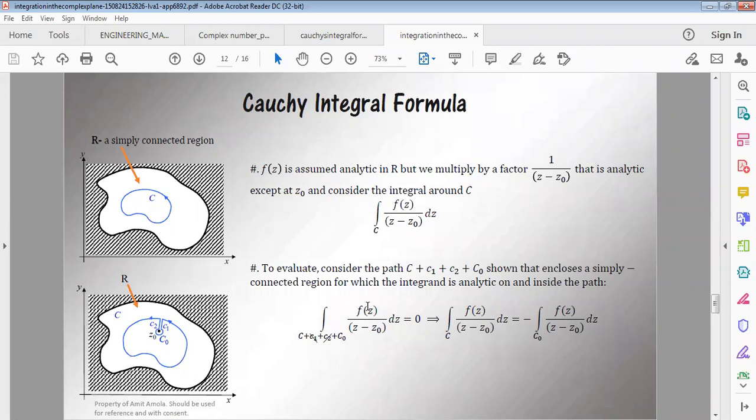We get the integral over C plus C0 of f of z divided by z minus z naught dz equals 0, according to Cauchy's integral theorem.